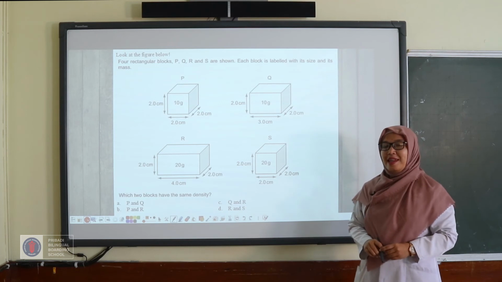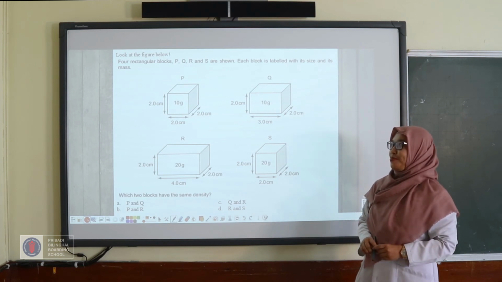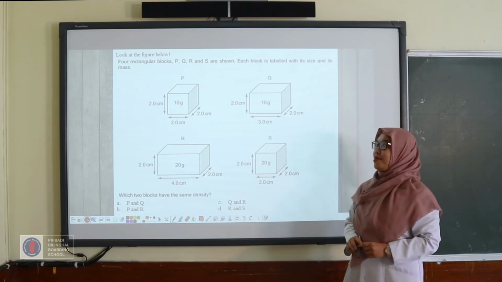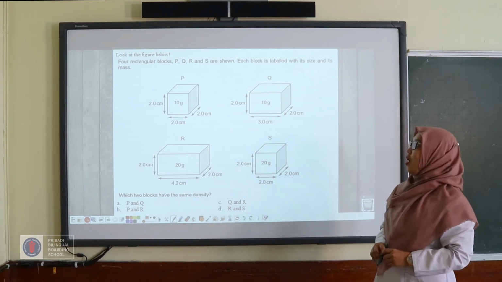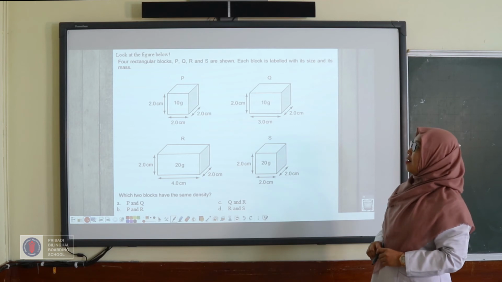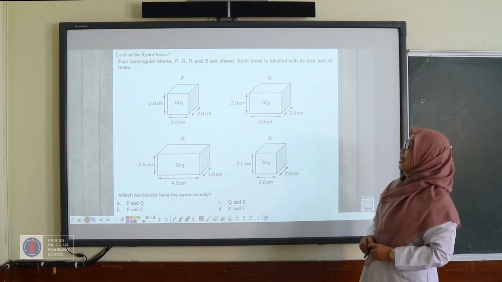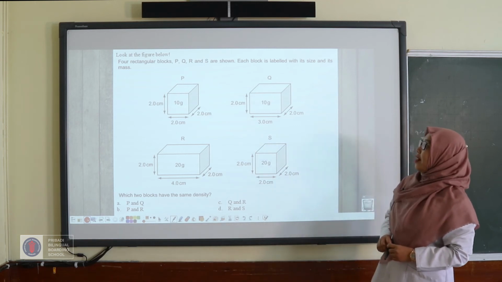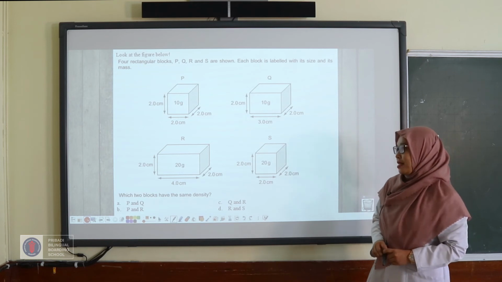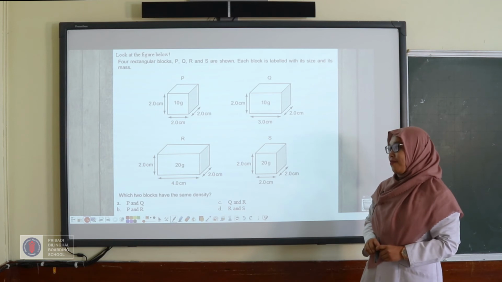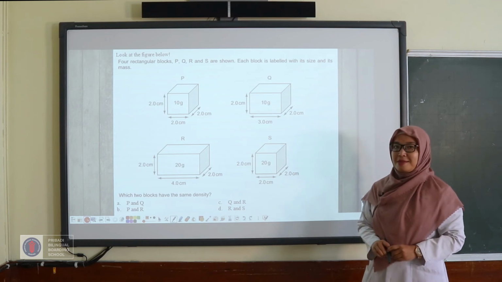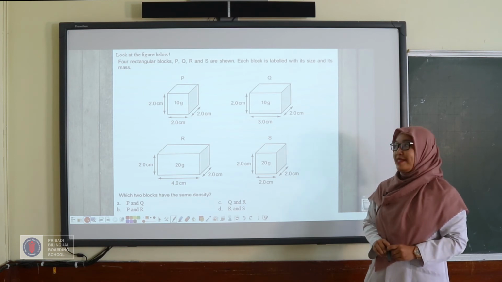And now this is the last question, question number 3. Four rectangular blocks P, Q, R, and S are shown. Each block is labeled with its size and its mass. The question is, which 2 blocks have the same density? How to solve this question? Yes, you're right. We have to calculate the density of each block.